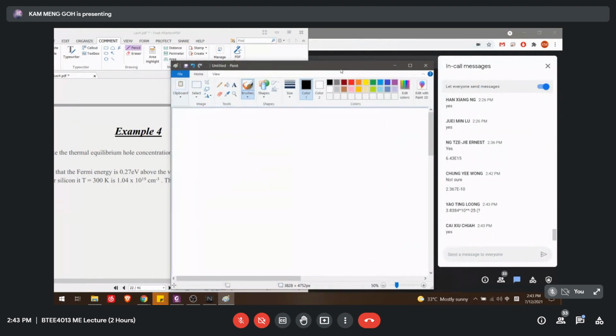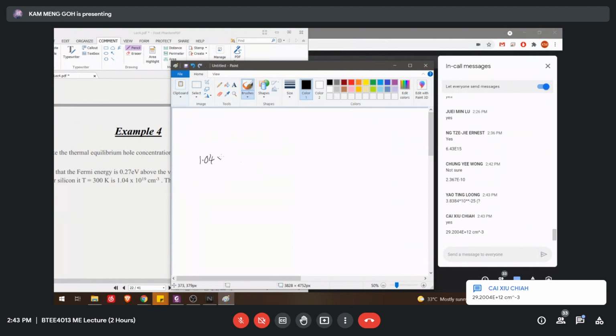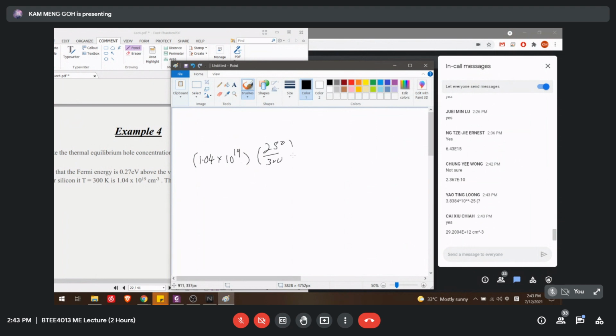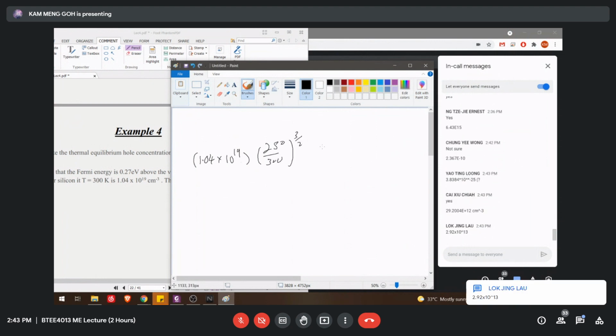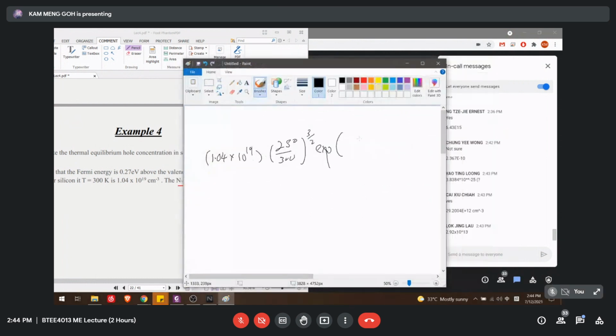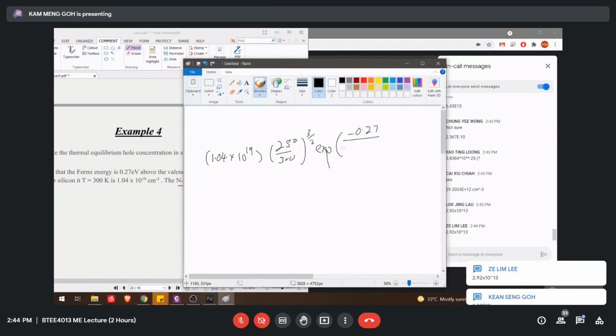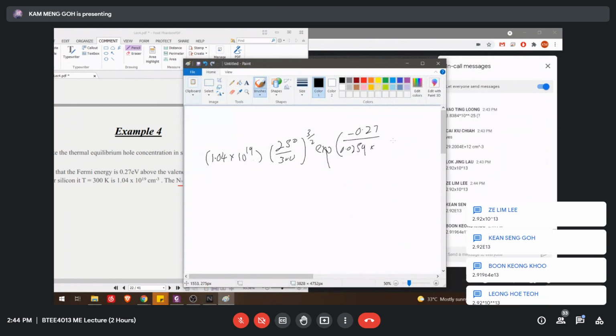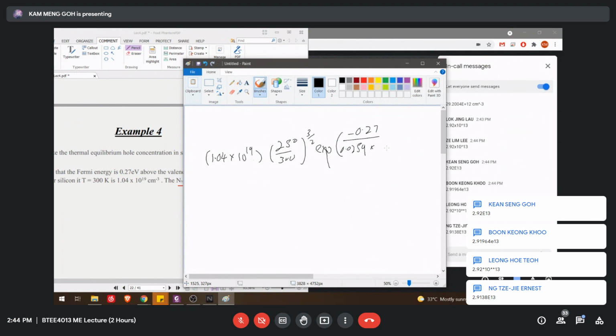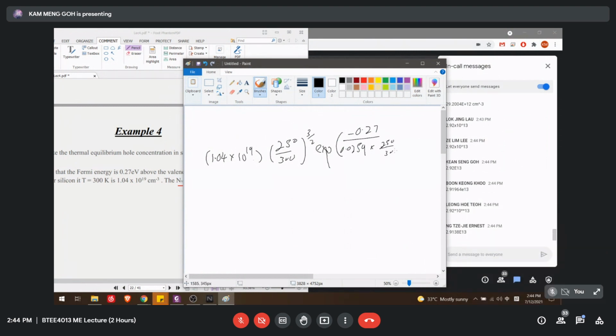So let's see. This one NV is 1.04 times 10 to the power 19. How come all your answers are different? So 250 over 300, to the power 3 over 2. Then exponential negative 0.27, over 0.0259 times 250 over 300. Okay, looks like everyone is having the same answer right now, which is more convincing.